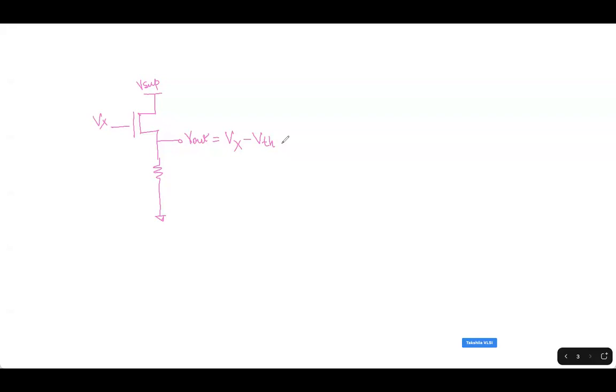What about Vx? Does Vx have a noise? We don't know. Vx is coming from another op-amp, right? So I really do not know if the op-amp has some noise.